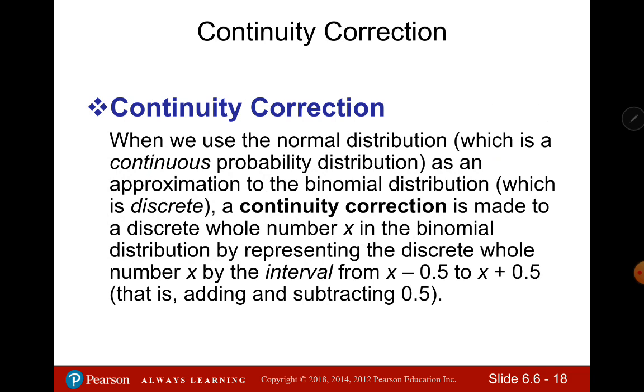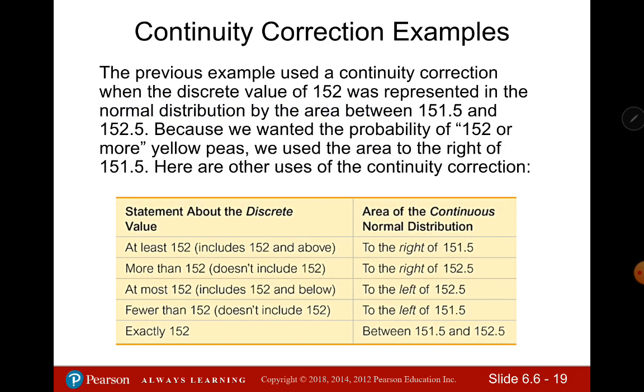Okay, we check the continuity correction again. Remember, if we have a single value x in the binomial distribution, we should convert it to x minus 0.5 to x plus 0.5. Sometimes we do not have a single value in our binomial distribution, but we still need to do the correction. So we use this table to do the correction.